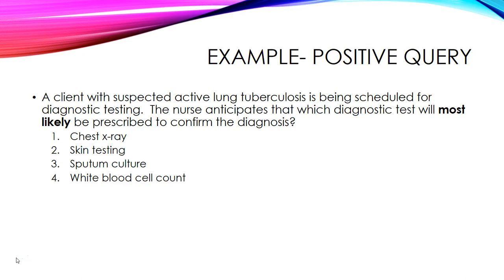Now, as you know from talking about tuberculosis, all these are potential things that you may use when it comes to somebody either with active tuberculosis or a history of tuberculosis. But we are looking for the one that would be the most specific to this diagnosis of having an active infection.